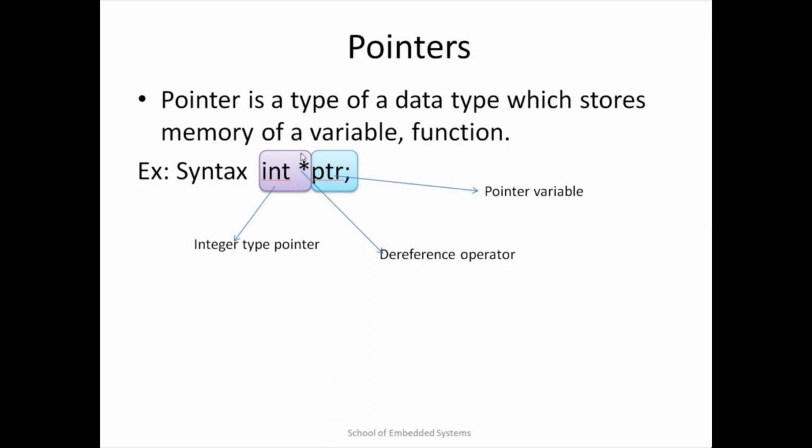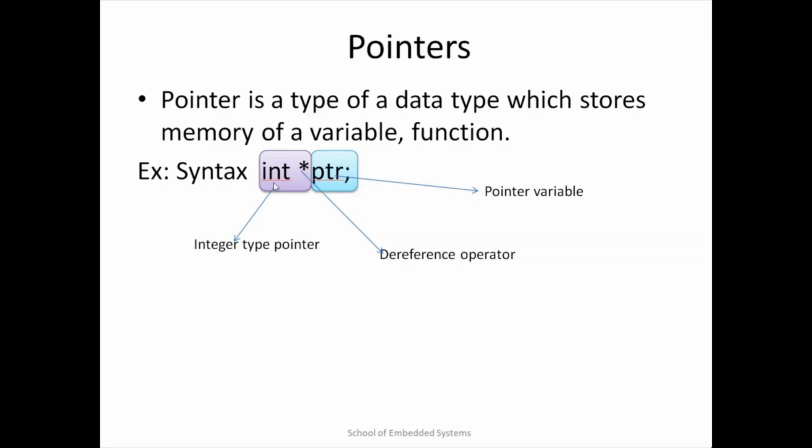The int we all know, and *ptr is a variable. Whenever there is a star, it is a pointer variable. This is the general syntax. So what will ptr hold? ptr will hold an address. Address of what? It's just a pointer variable definition.